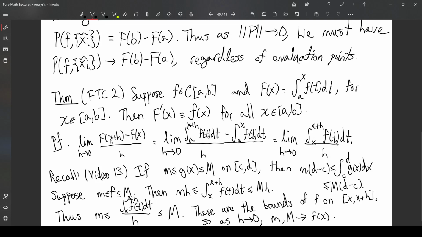We're using h to manipulate what's happening, because this interval from x to x plus h is approaching the singleton set containing x as h approaches 0. And therefore, the min and max values of f is just one value, which is f of x. Okay?